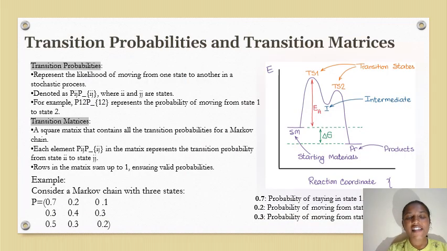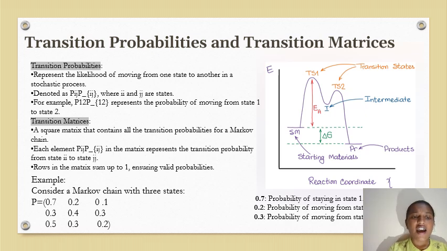Let us see transition probabilities and transition matrices. Transition probabilities represent the likelihood of moving from one state to another in a stochastic process. Here Pij denotes the probability between states i and j. For example, P12 represents the probability of moving from state 1 to state 2.